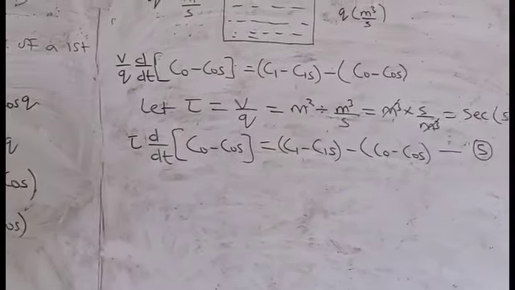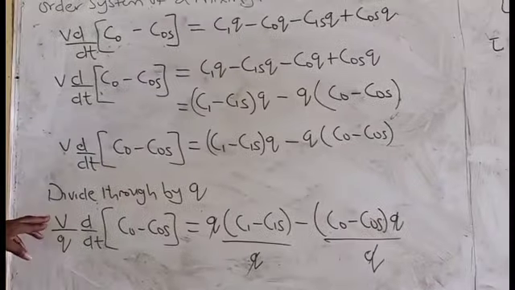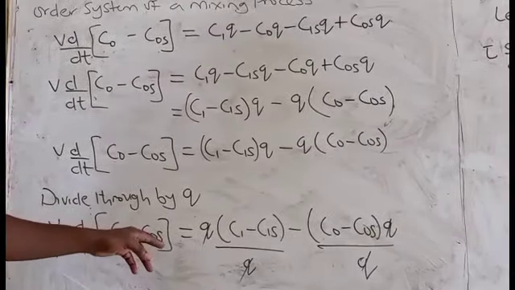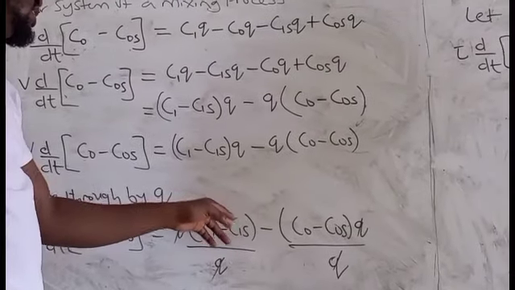Yes, because we started from here. Divide by Q: I have V over Q, d over dt, multiplied by CO minus COS, equal to Q into C1 minus C1S.